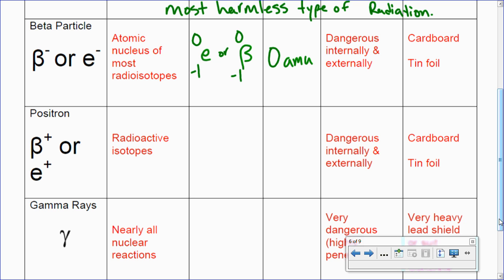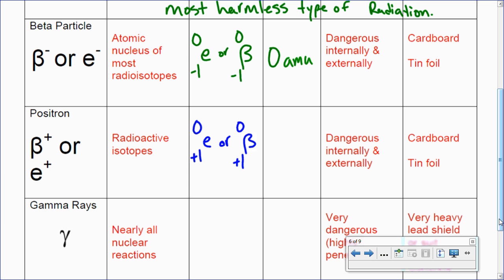Now, a positron's a really weird thing, and we haven't seen this term until now, but a positron is, well, it's an electron with a positive charge. Say, what? Well, it really does exist. It's true. A positron emission, a PET scan, uses a radioactive isotope to emit positrons to scan the human body for dangerous diseases and stuff.